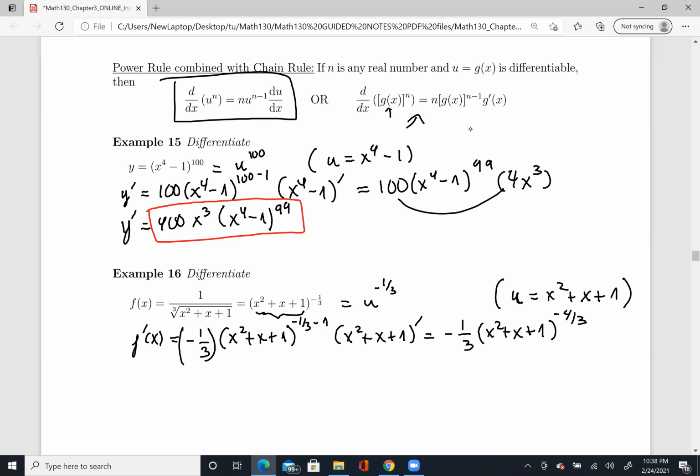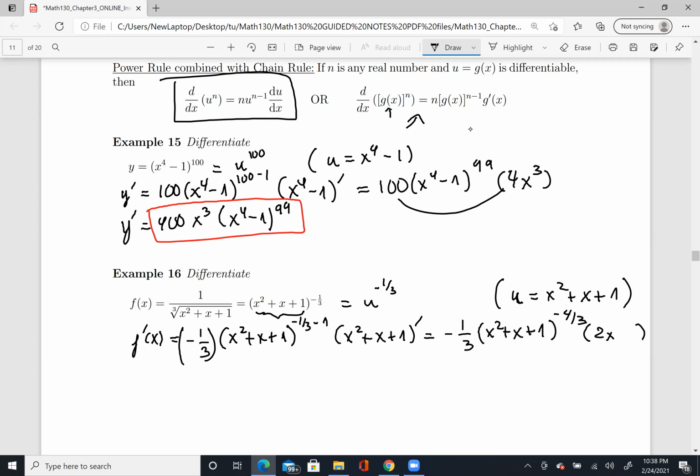And for the derivative of x squared plus x plus 1, it will give you 2x for the first term, and the second term will change to be 1. So that should be the answer already.